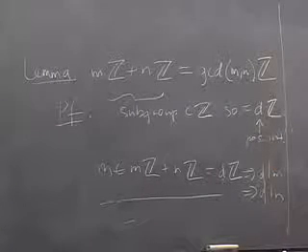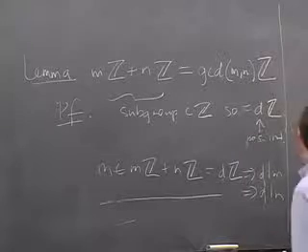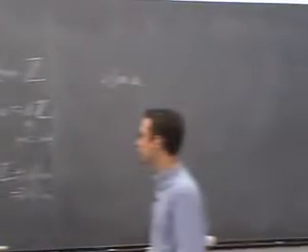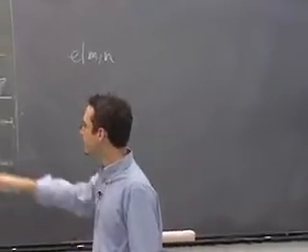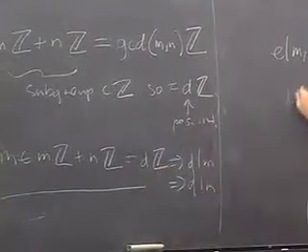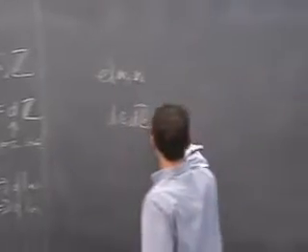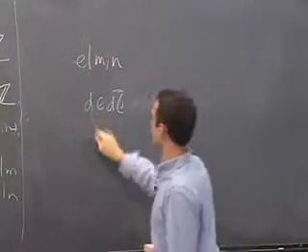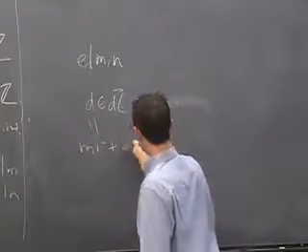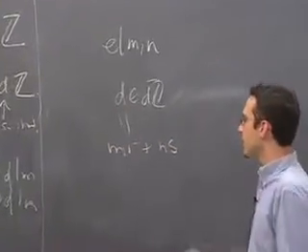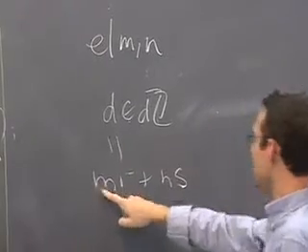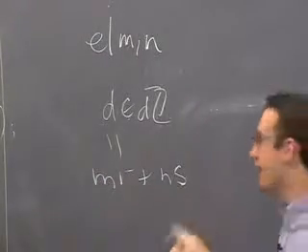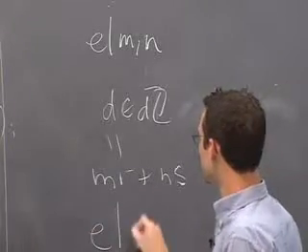Second part, well, suppose I have e dividing m and n. Because d is in dZ, I can write d as mr plus ns, and if e divides m and e divides n, then e divides mr plus ns, and hence e divides d.